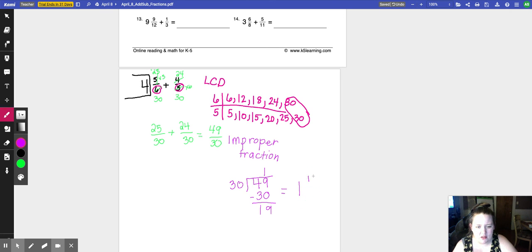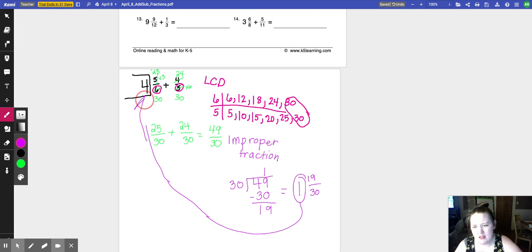My denominator does not change. 19 thirtieths. Now, that being said, I still have this whole number. This is where we're going to start worrying about the whole number. I have this whole number, and my 4, remember? Okay, I'm going to combine those. Well, I know 4 plus 1 is 5.